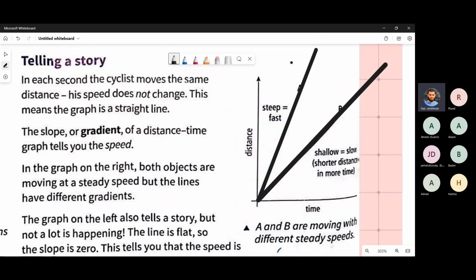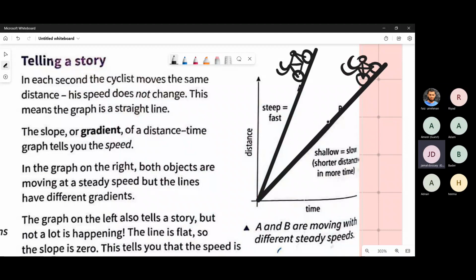Now, if you are here on a cycle going down, and you have the same cycle going up, going down is easier and going up is harder.